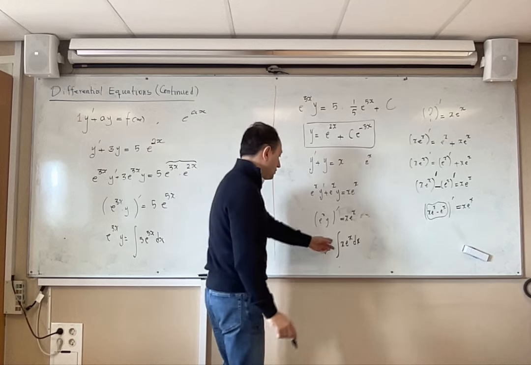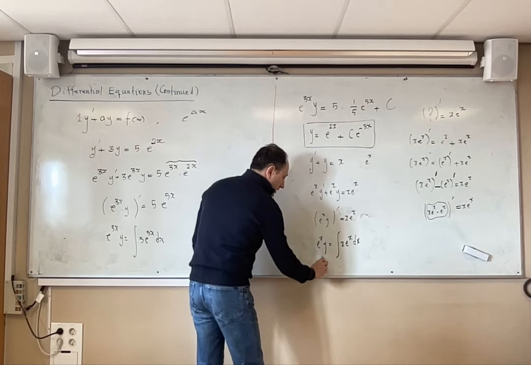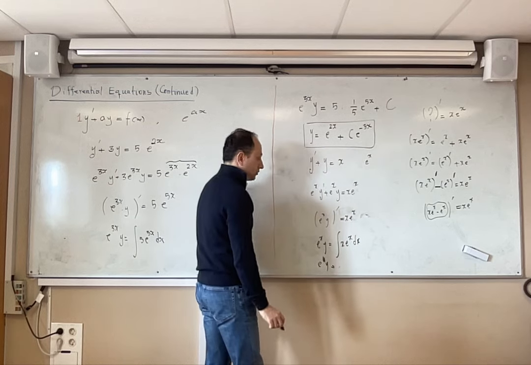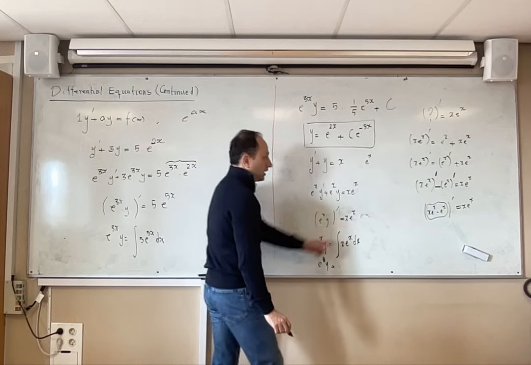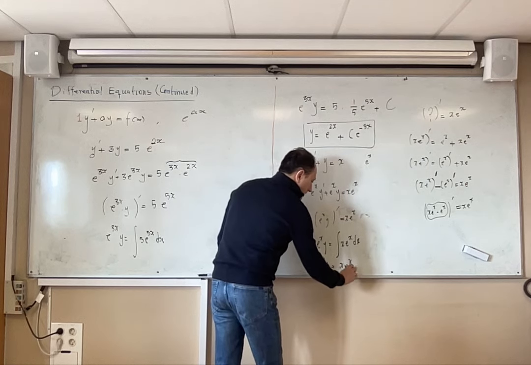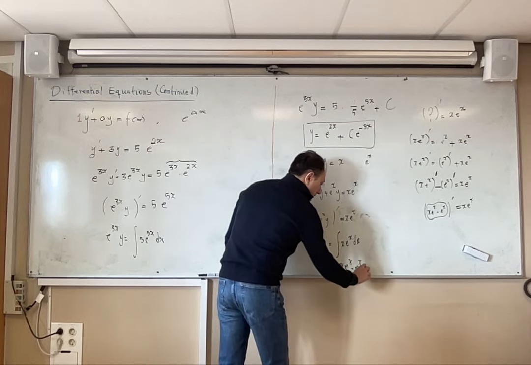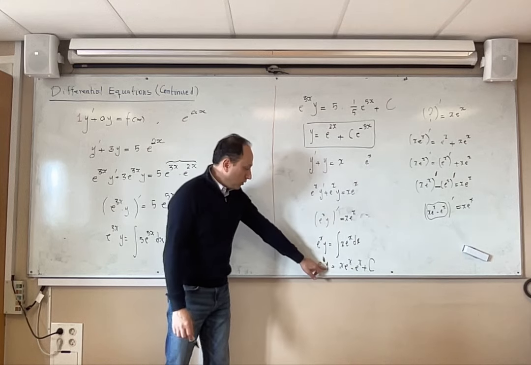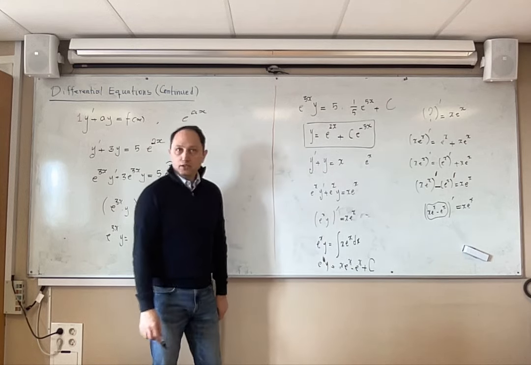Why? Because you continue one more step. You say that e to the x times y is equal to, instead of that one, what do you write? You write this function that you found, which is x e to the x minus e to the x, plus a constant. And then I want to isolate y, so I divide everything by e to the x.